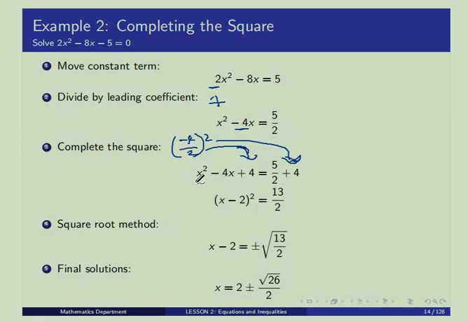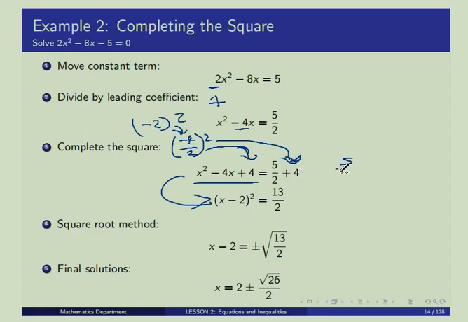And then from there, you can factor this. Satisfy yourself that if you factor that, you get x minus 2, which is what we got here. Remember, this is minus 2 squared, and then is equal to 5.